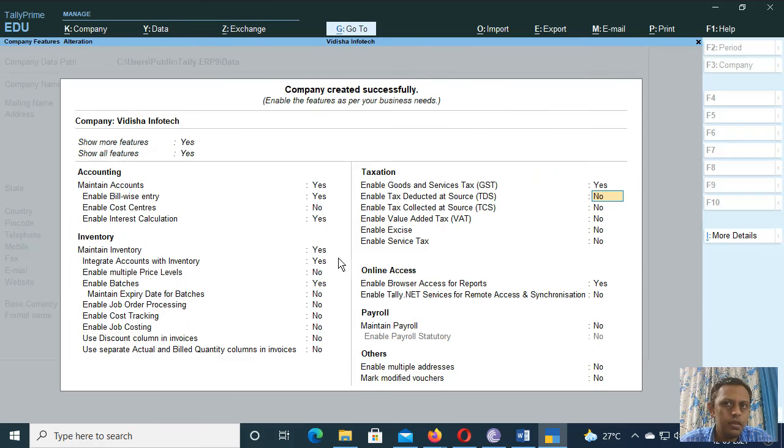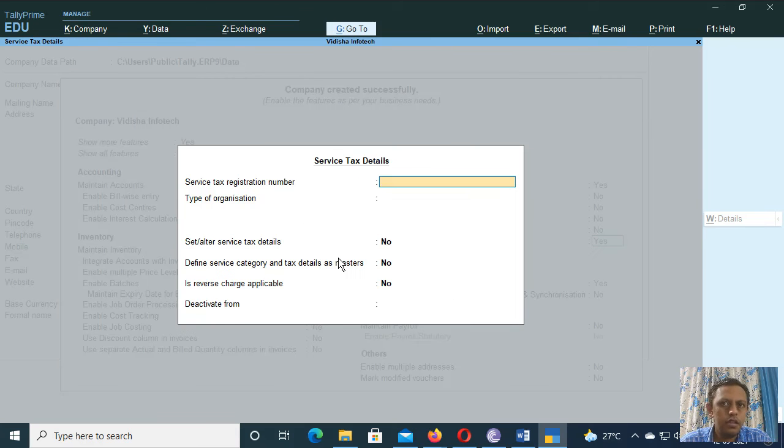Now here it is tax deducted at source, we will set as no. TCS, tax collected at source, we will set as no. Value added tax is for the products. Here we are not providing products, we are providing services. So what we have to enable is the service tax, and yes, I have enabled it.